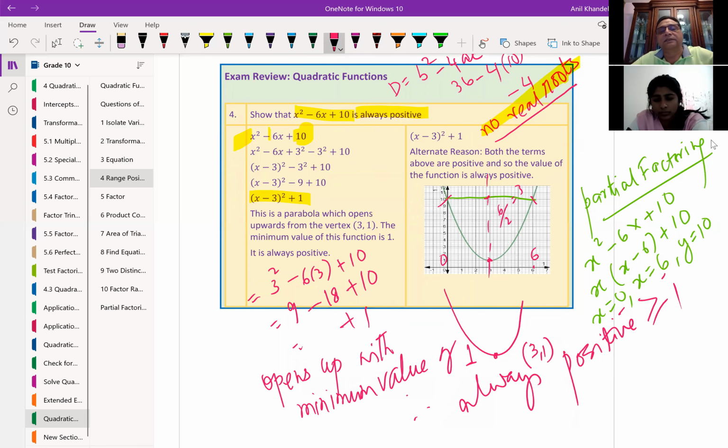So we could justify that without doing completing the squares. That's what I'm trying to say, because we found the vertex. By completing the square also, we are saying the same thing, right? We are saying that the vertex is at (3, 1), and the parabola opens upwards. Therefore, the minimum value is 1.